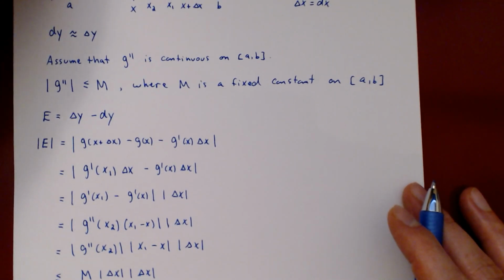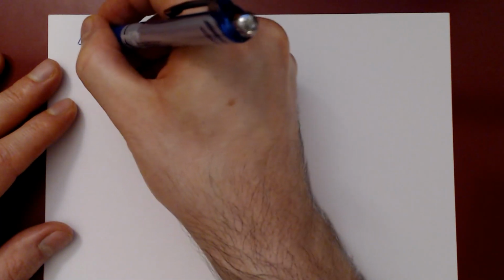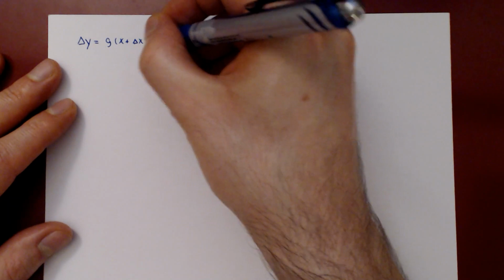And now let's state our conclusion. What do we have? We have initially the exact change along the function. Delta y is g of x plus delta x minus g of x.